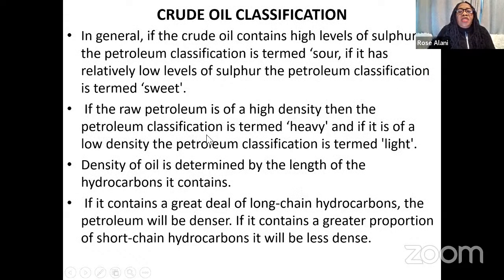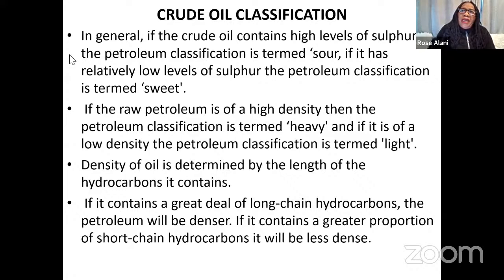Okay, so in general, if the crude oil contains high levels of sulfur, petroleum is classified as sour. If the level of sulfur is low, it is termed as sweet. So this is another method of classification.